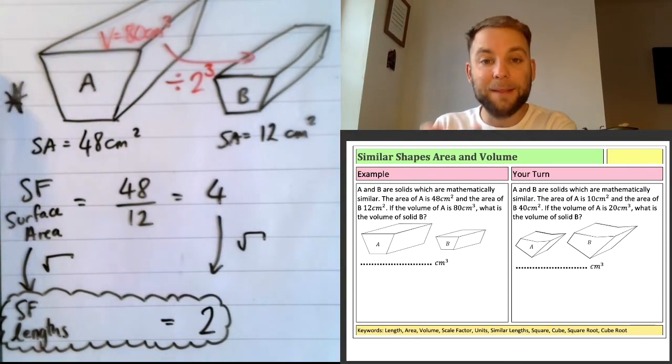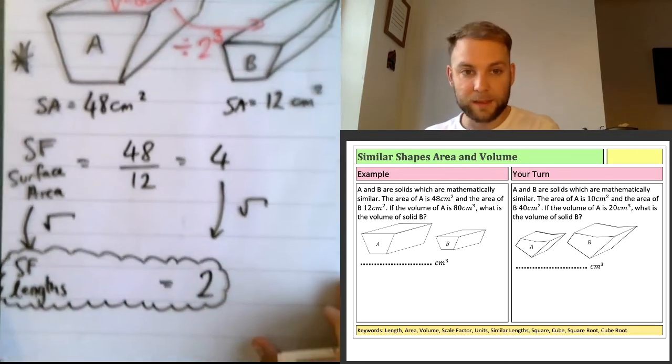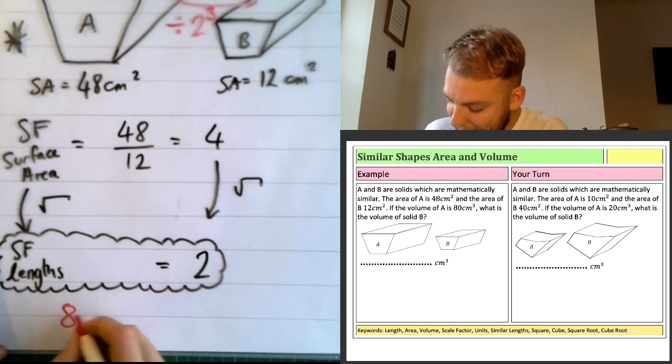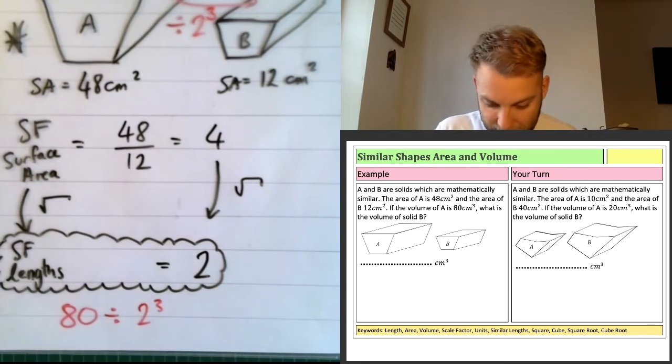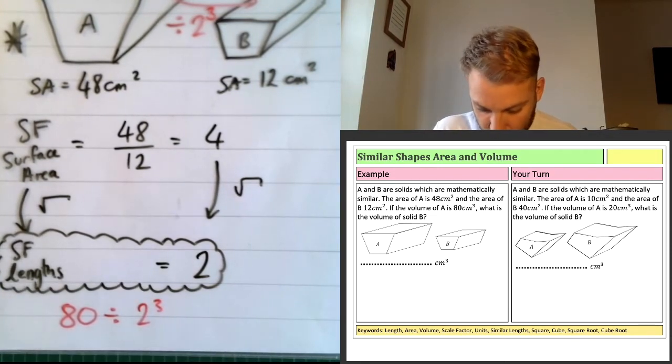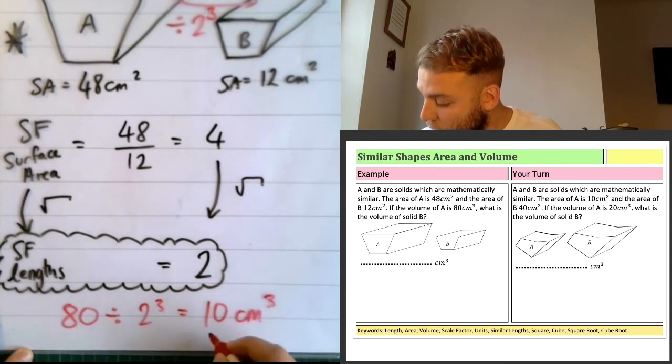Divide by your scale factor for your lengths, cubed for volume. So in this case, it's going to be 80 divided by 2 to the power of 3, which is 10 centimeters cubed.